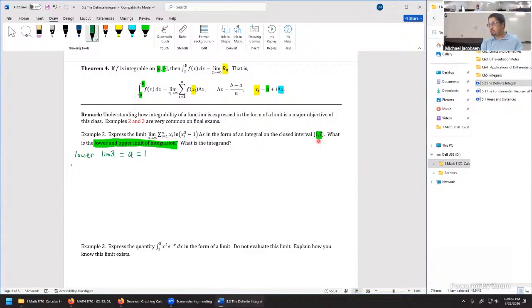Upper limit is b, which is going to be 7. So that's the lower and upper limit of integration. Notice it always goes from lower to upper once we determine what lower and upper are.